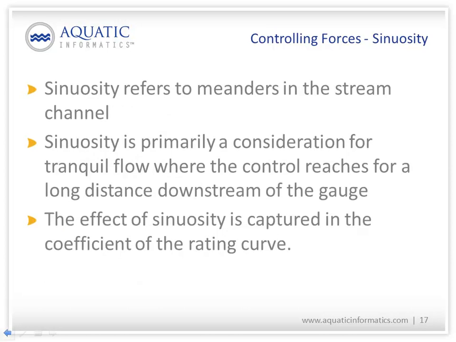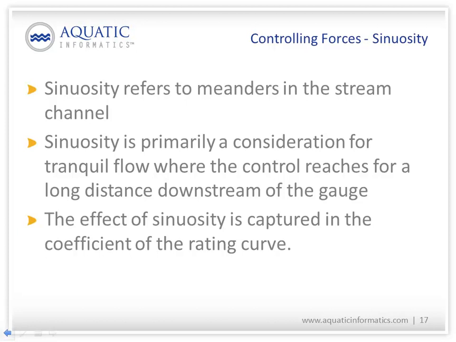Another one of the factors from the head loss equation that we need to evaluate when we're considering channel controls is sinuosity. Sinuosity refers to the meanders in the stream channel. It is generally only relevant when we're talking about a very tranquil stream where the channel control length extends some distance downstream, encompassing one or more meanders.